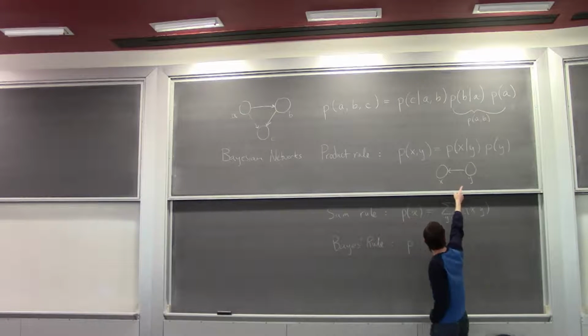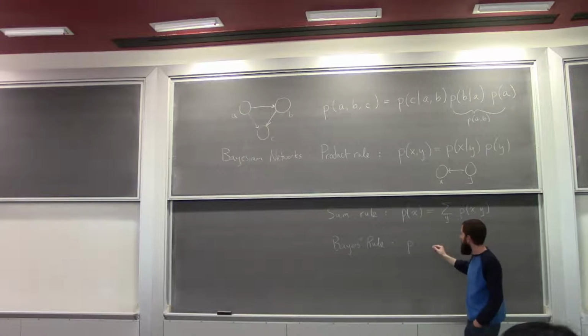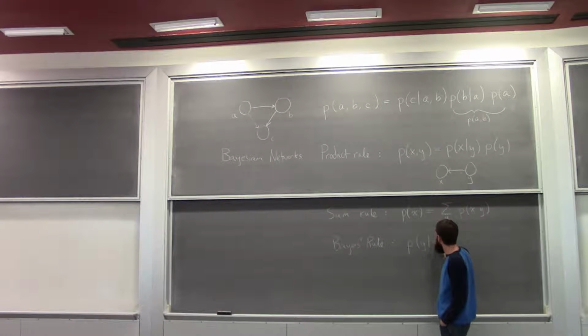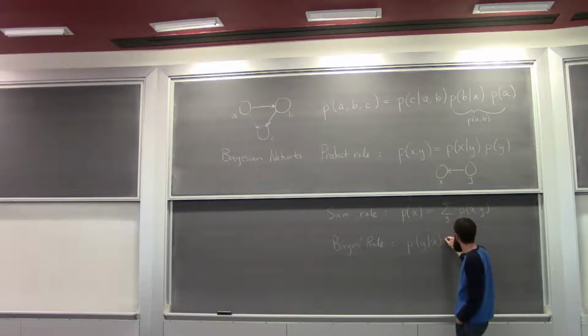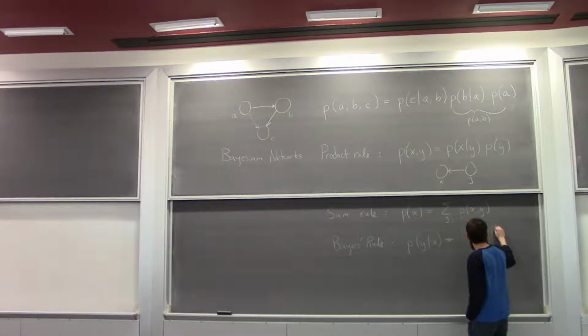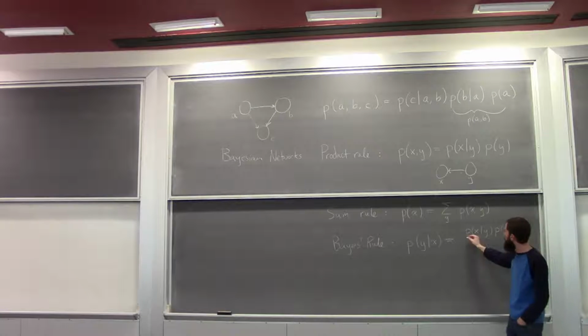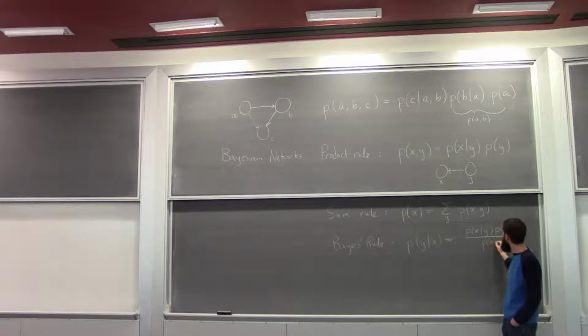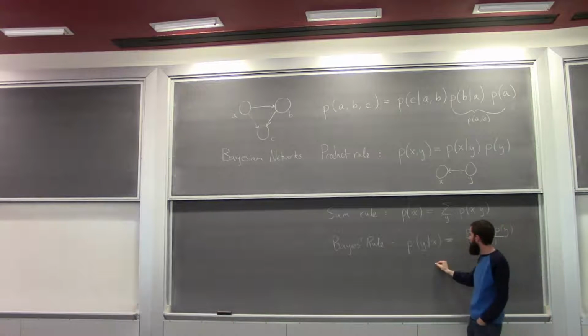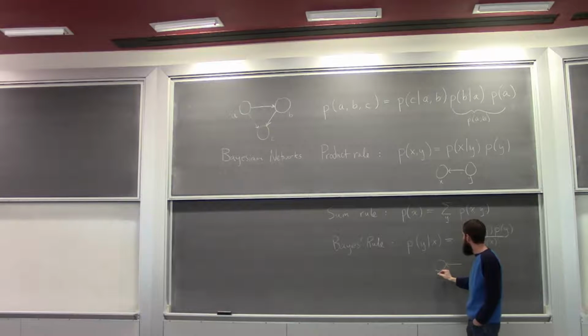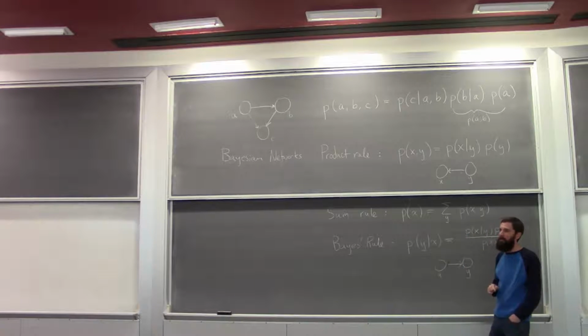So if I have a model that has y pointing to x, and I really want the posterior, p of y given x, then I just use Bayes' rule, where this is what I've specified in my graphical model, and then the denominator I get using the sum rule, p of x, and that lets me take that arrow and flip it around the other way.